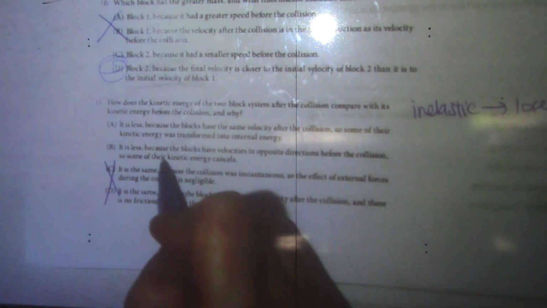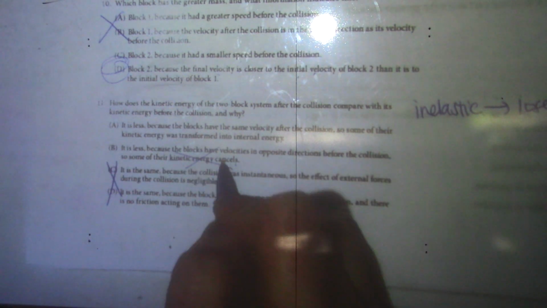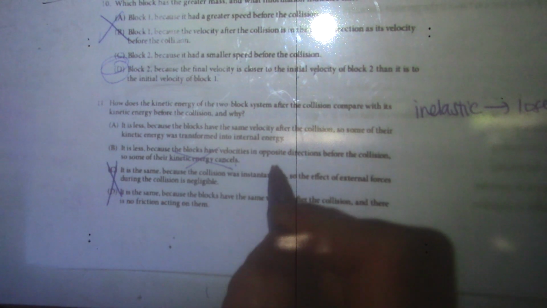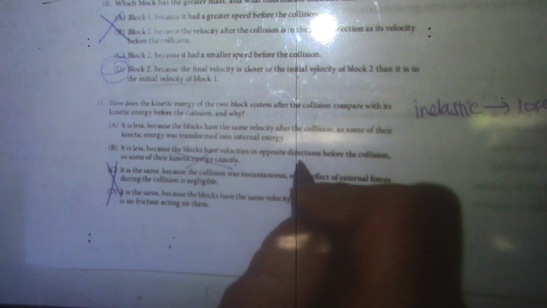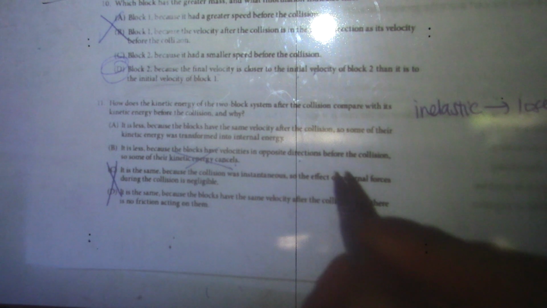The other option says it's because their kinetic energies cancel. So B cannot be correct because kinetic energy cannot cancel out. You can have a positive, but you can't have a negative. Positive and negative kinetic energies don't cancel out because energy doesn't have direction, so it's only A. Momentums can cancel out, velocities can cancel out because they have directions, but energies can't cancel out, they don't have direction.